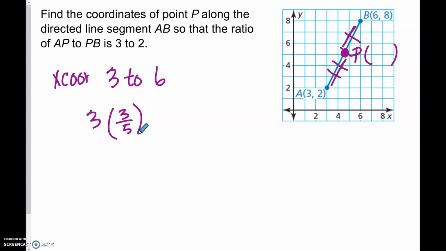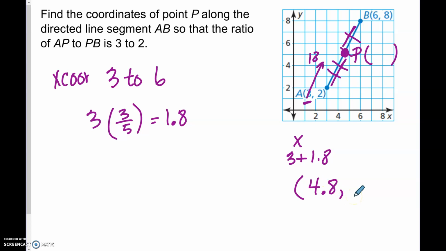When I take 3 times 3/5, I get the decimal value of 1.8. So starting at 3, we are going to move 1.8 units. So that x value is going to be 3 plus 1.8, so x is going to be 4.8.